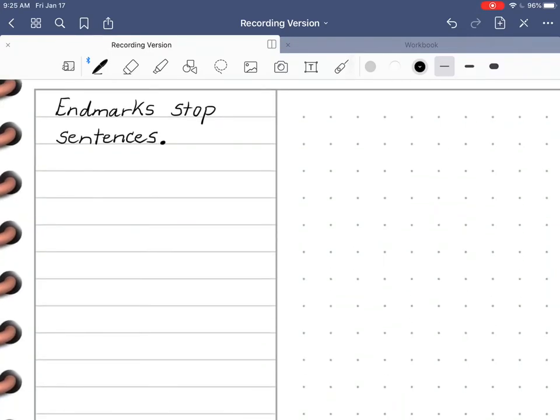There are 3 end marks. And here comes the list, so I'm going to put the colon there. Here's the first one and the most common one.